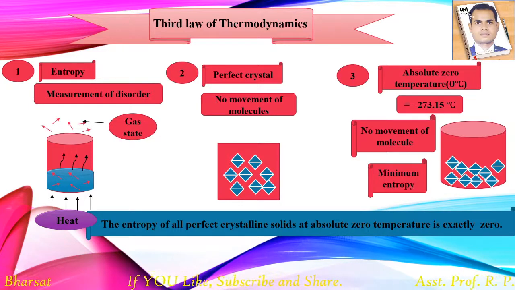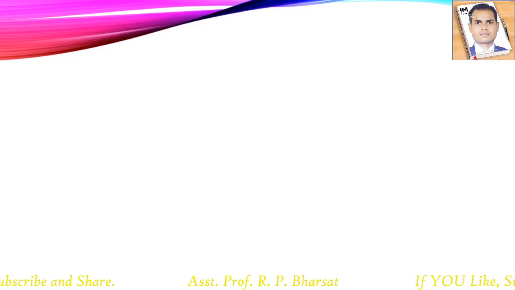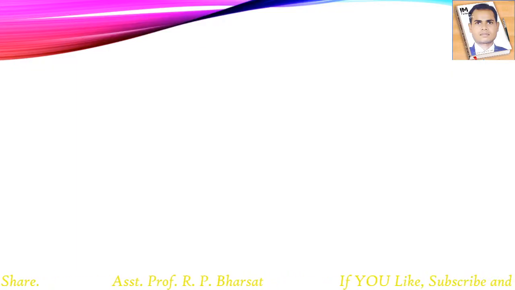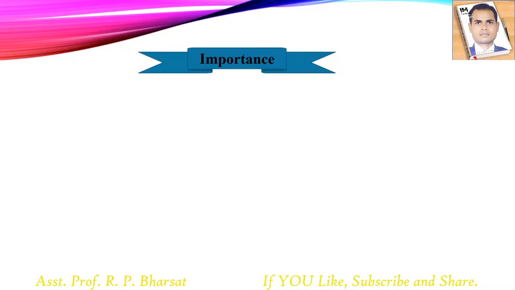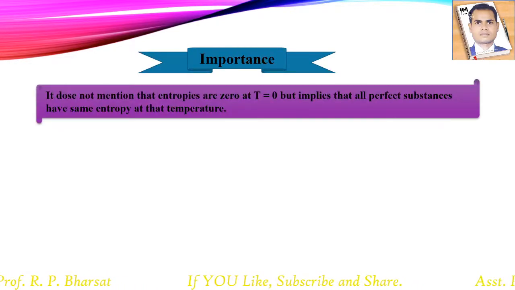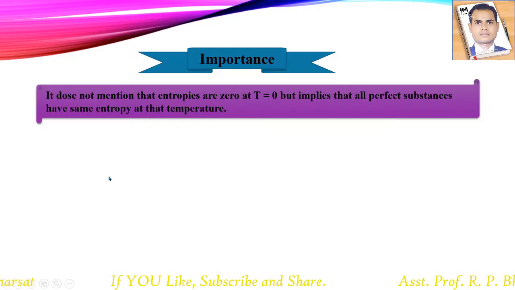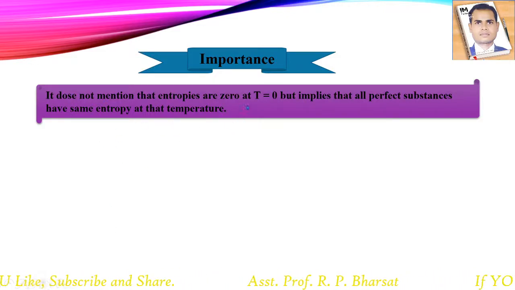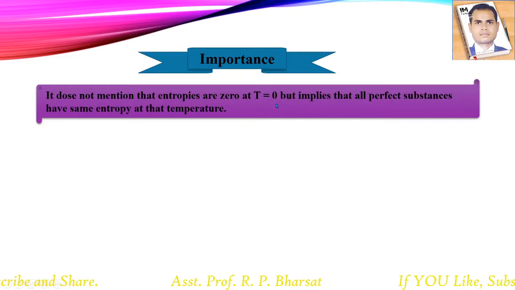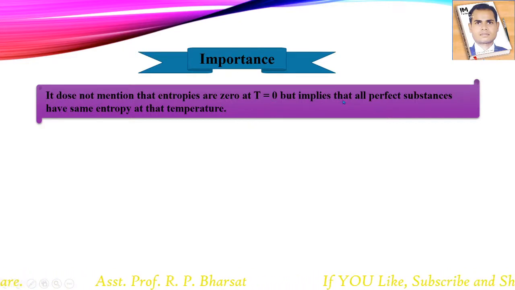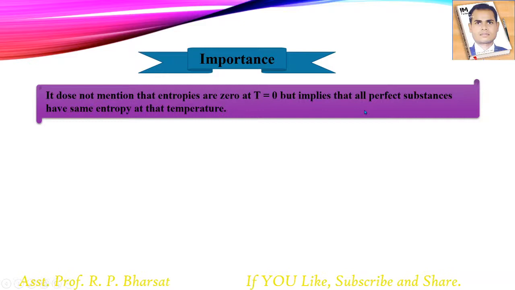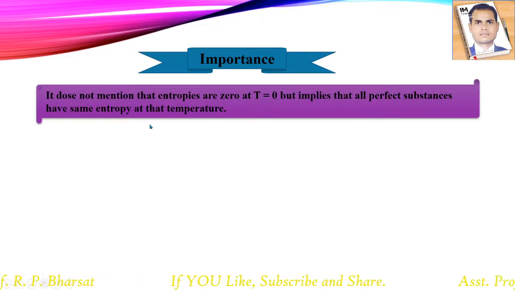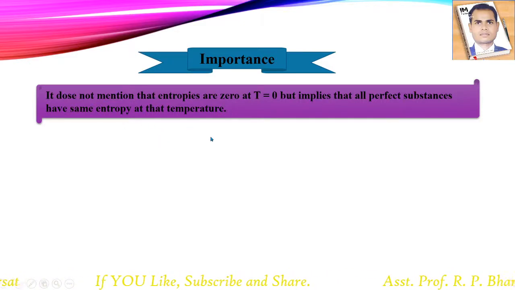Now we have to see the importance of the third law of thermodynamics. Why do we have to study it? The first point is it does not mention that entropies are zero and E is equal to zero, but it implies that all perfect substances have the same entropy at that temperature.